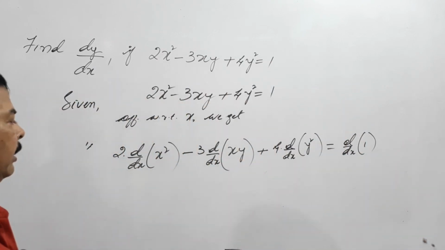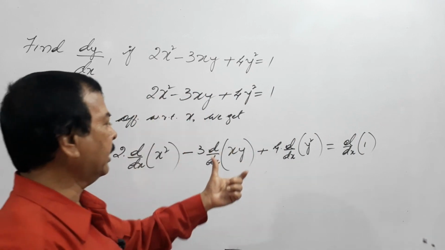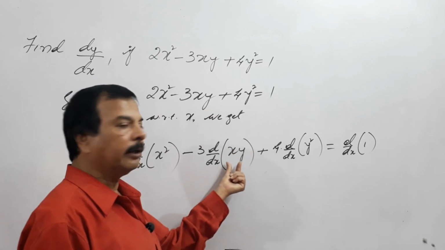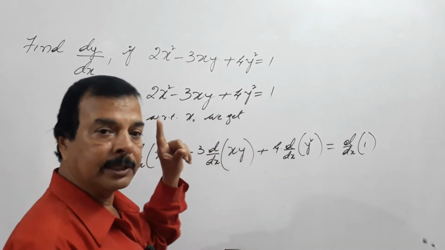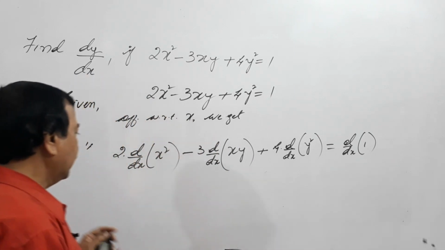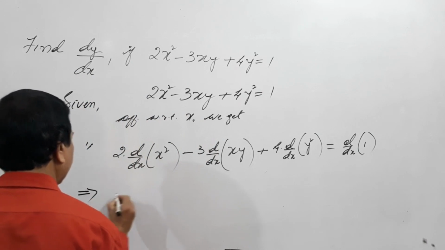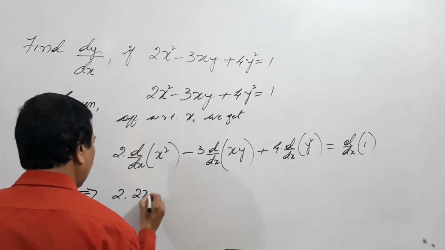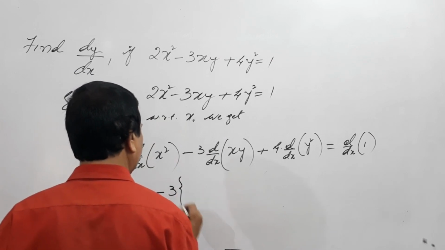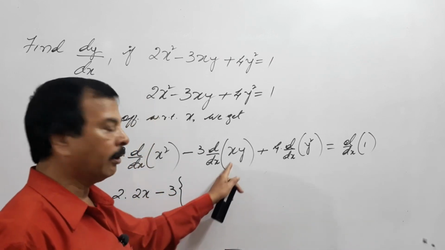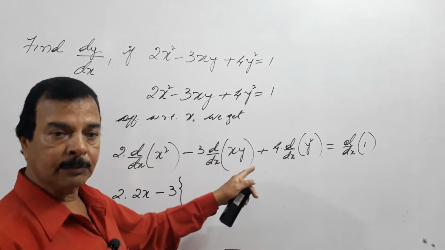So dear student, what I have done, I have to differentiate this with respect to x. So here we have to differentiate x as well as y. That's what implicit functions are. So here if you differentiate this, this becomes 2 into 2x minus 3, you have to use product rule for this, because here don't ignore y, even y has to be differentiated with respect to x.